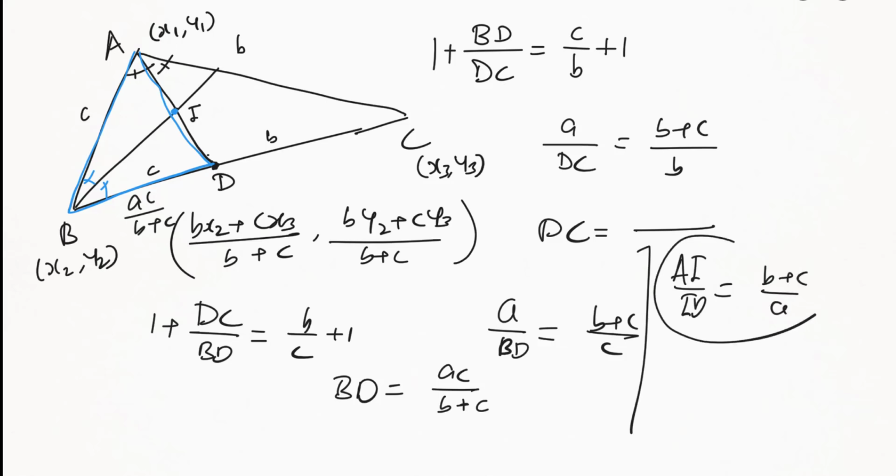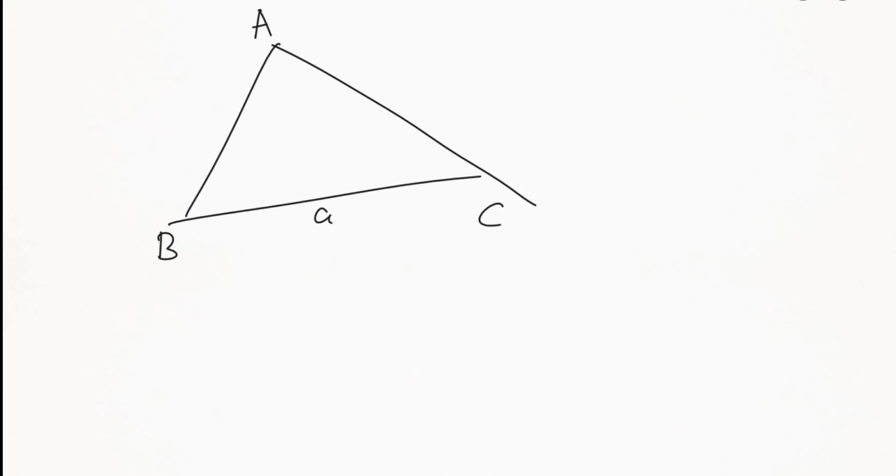This is a very important result, right? Let me simplify it. a, b, c. If this is the incentre, and let's say this point is D, the ratio of AI and ID will be (b plus c) over a.